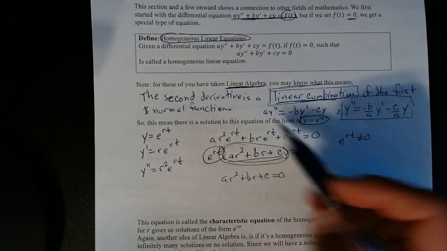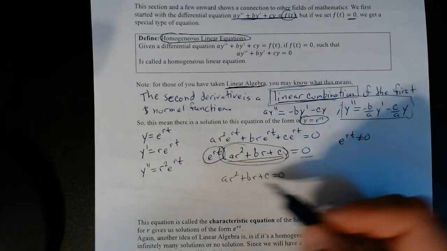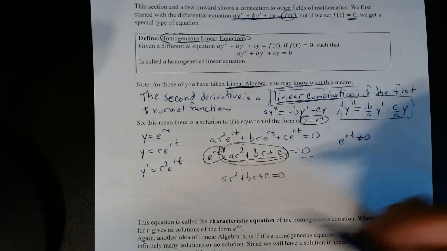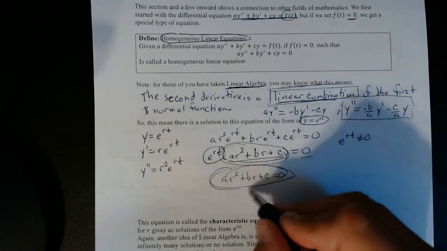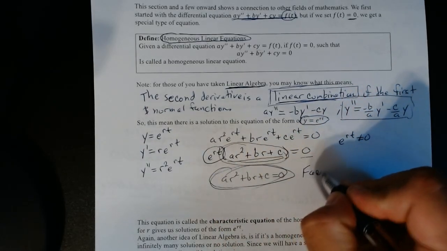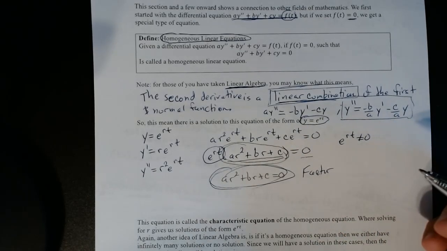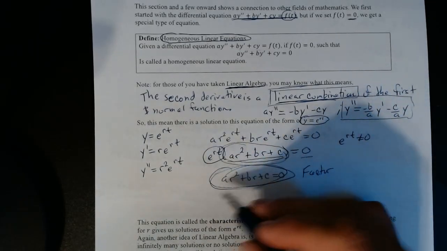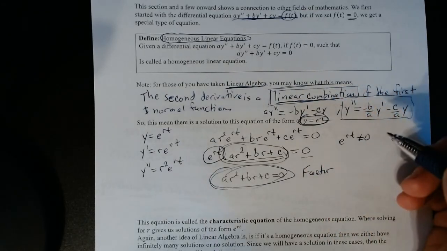This has a solution whenever I get an r value that makes this true. That is the whole point. This is nice because it's a simple quadratic, and we know how to solve quadratics. You could factor, which is the biggest one, or complete the square, or everybody's favorite, the quadratic formula. The whole point is finding this r value, and then we can plug it back into our original equation, and it works out.